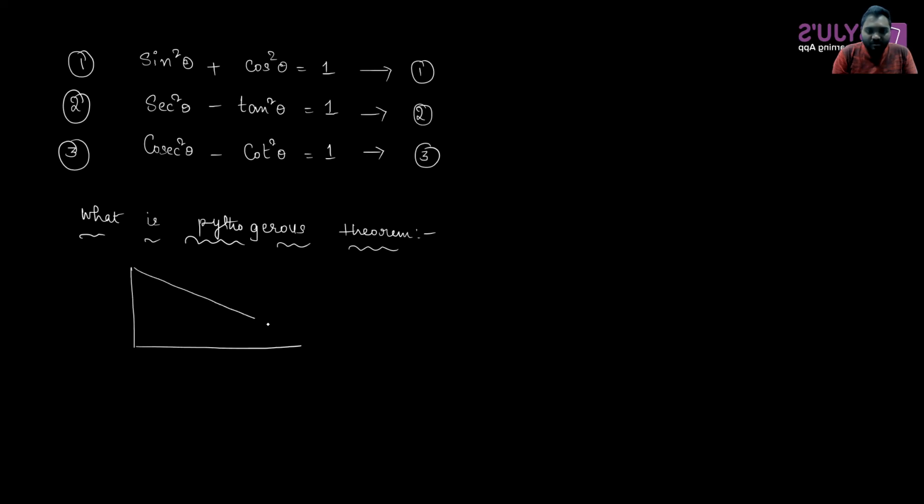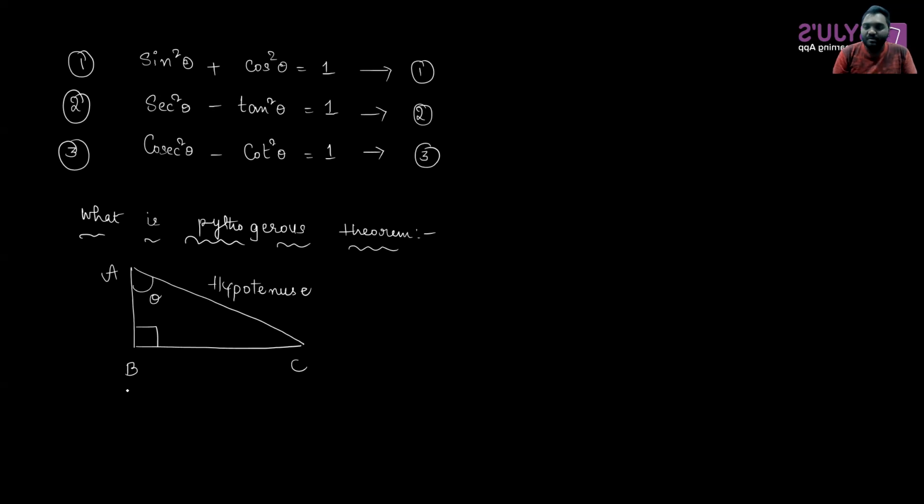Before that, let me draw the right angle triangle, and let us assume the right angle is at B. When the right angle is at B, the hypotenuse is the highest side of the triangle, the side which is opposite to the 90 degrees. The remaining sides are named based on the location of theta.